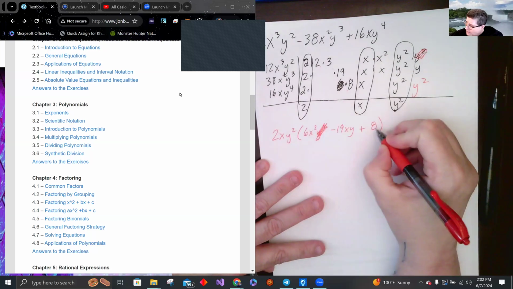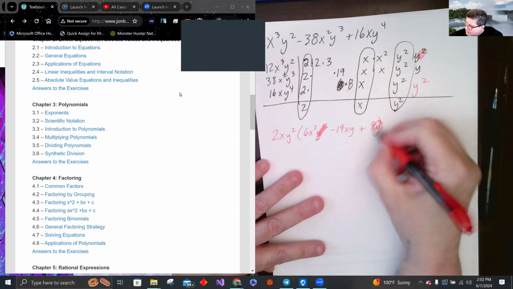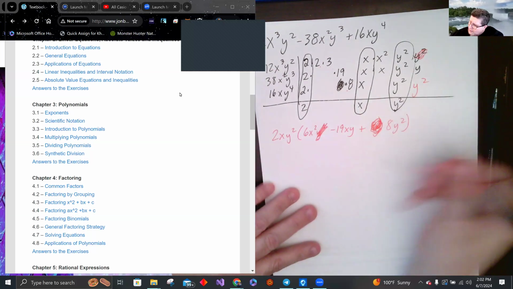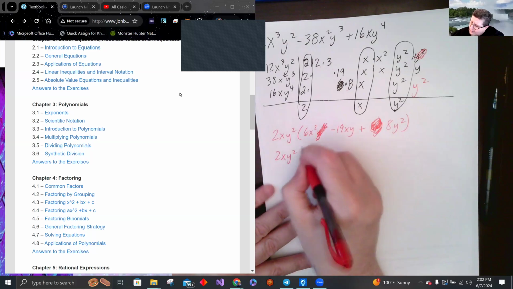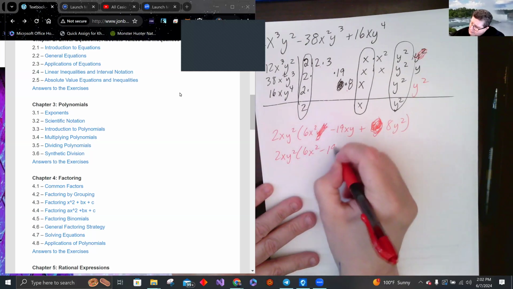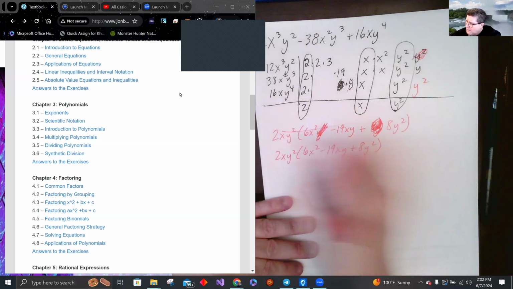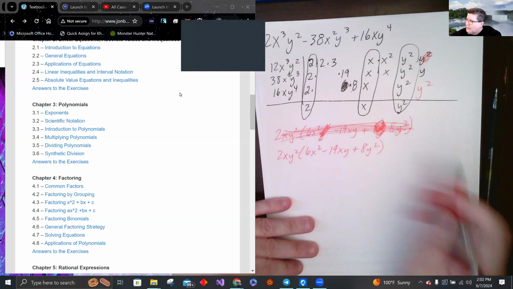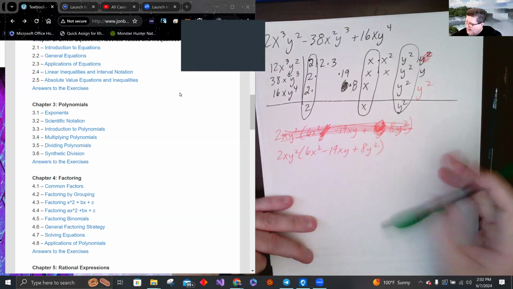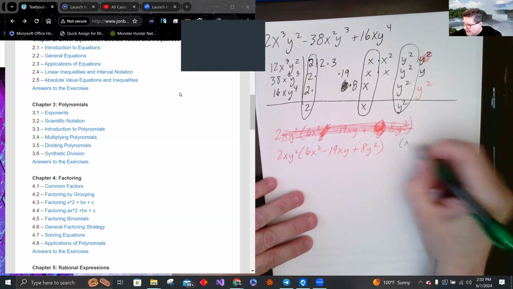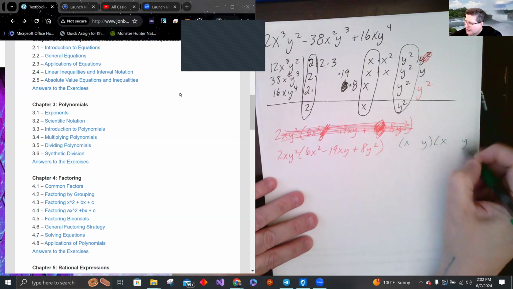There we go. Let's just rewrite that line so it looks a little cleaner. All right, so I've got x squared here. I've got a y squared here. We're going to have the xy scenario.